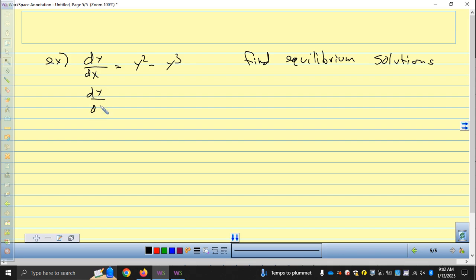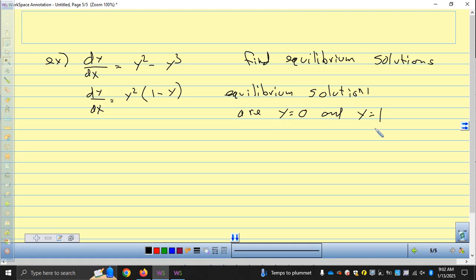Dy dx equals y squared times 1 minus y. So the equilibrium solutions are y equals 0 and y equals 1.